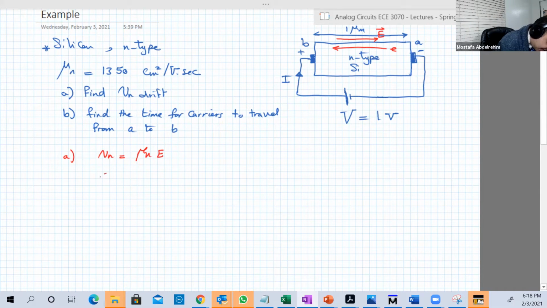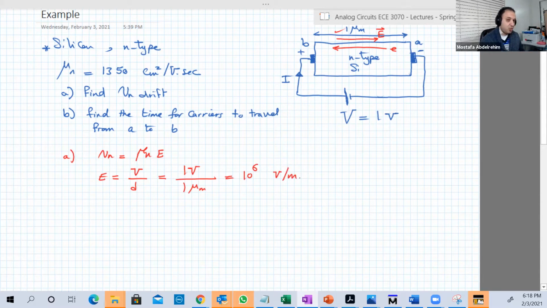E is basically equal to the voltage over the distance. The voltage is 1 volt, and the distance is 1 micrometer. This is basically 10 to the power 6 volt per meter.